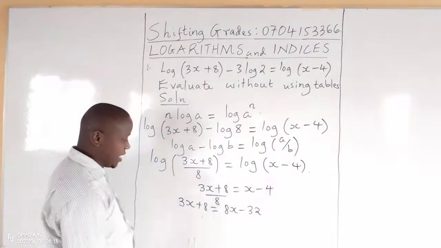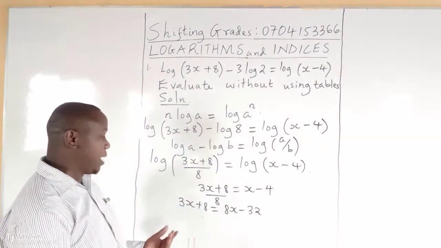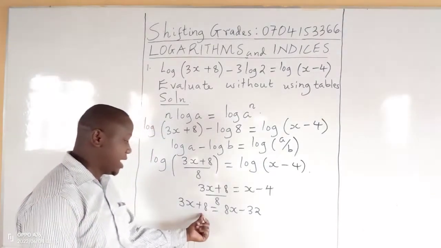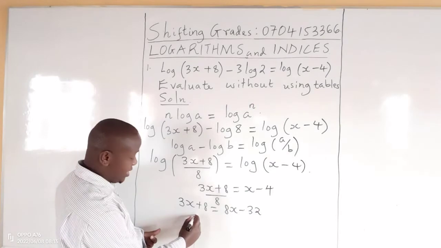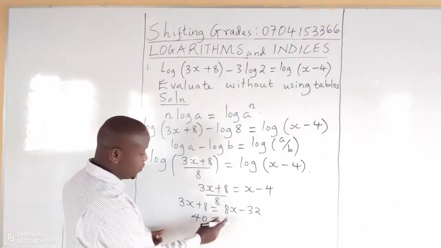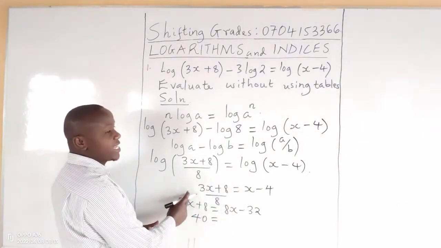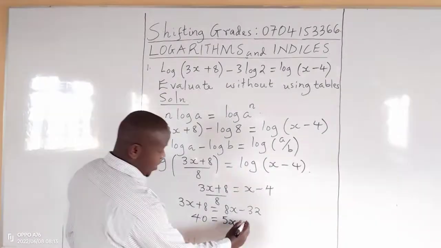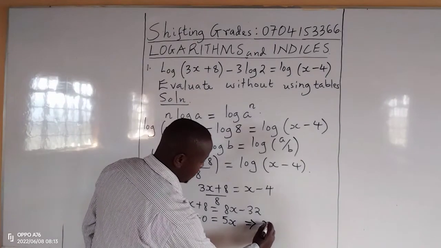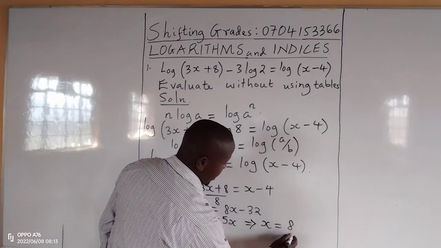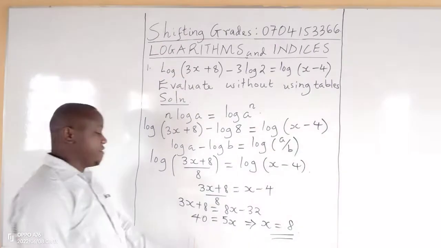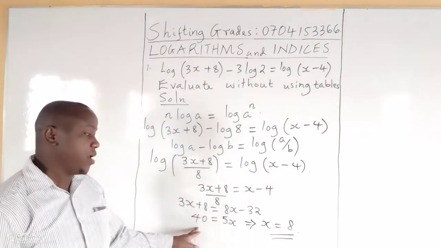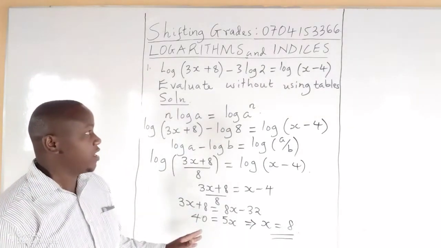Grouping like terms, we bring negative 32 to this side, making it 40, equals 8x, so 3x taken to that side becomes 5x. We simplify the value of x by dividing through by 5, and x becomes 8. So that is how we handle the logarithm question.